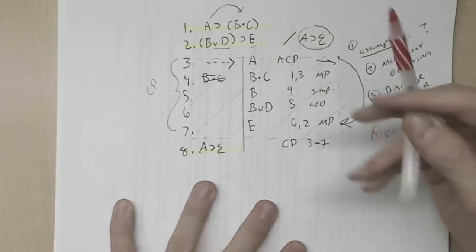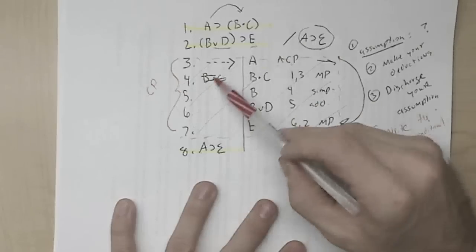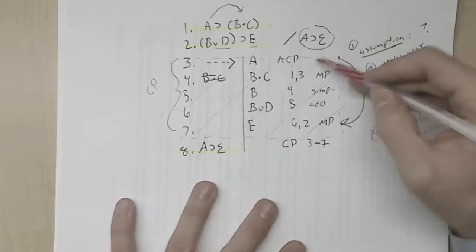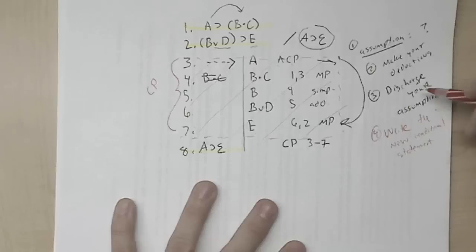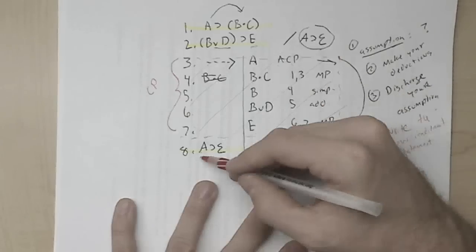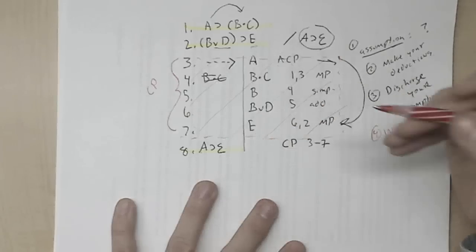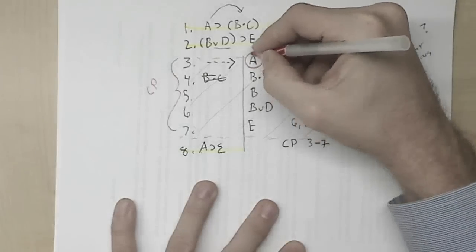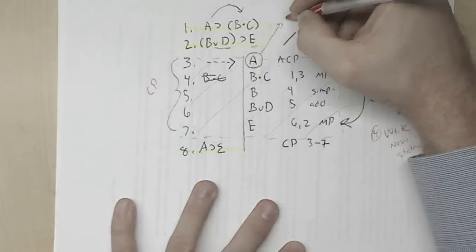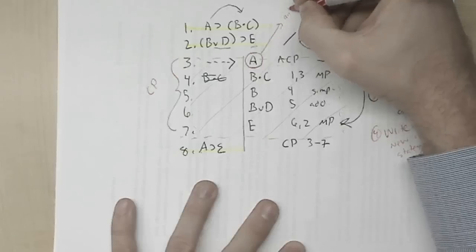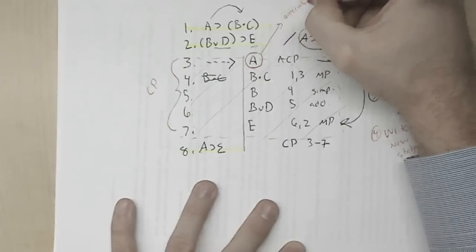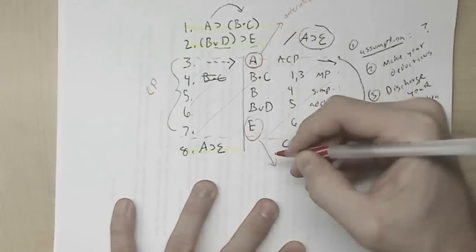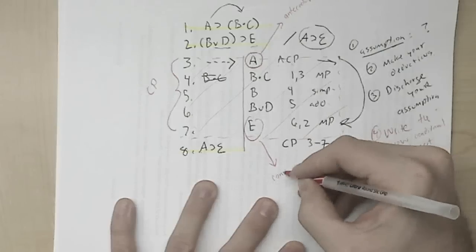The important thing about doing the conditional proof here is once you discharge your assumption and write out your conditional statement, remember, this is always going to end up being the antecedent, and this will always end up being the consequent of your conditional.